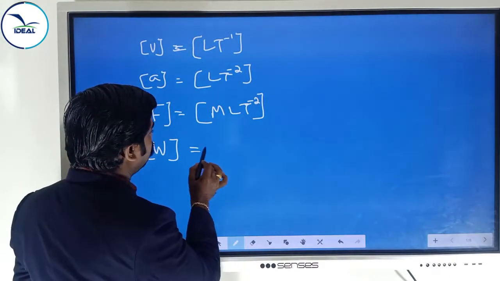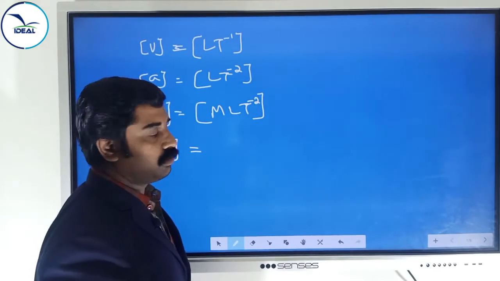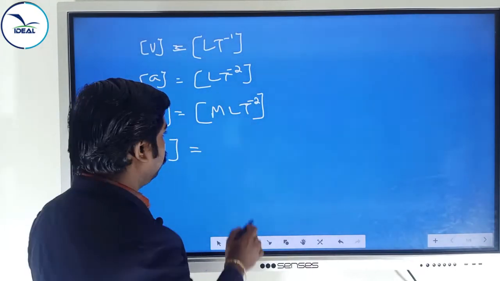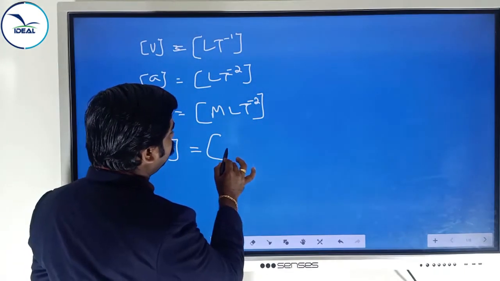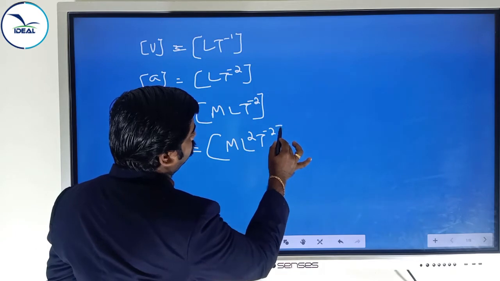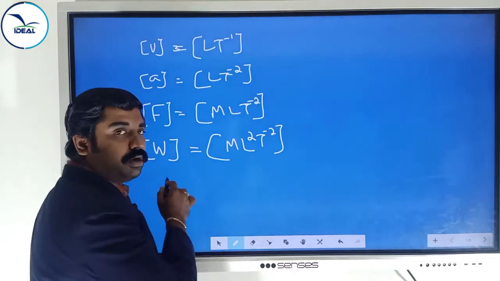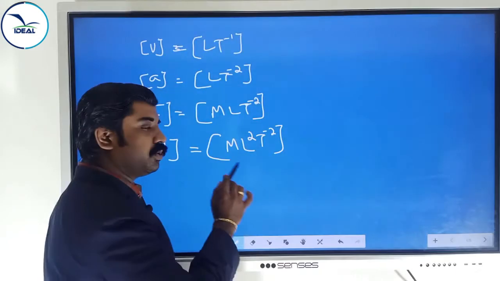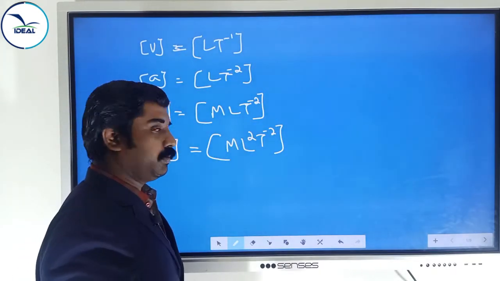We know that work is equal to force into displacement. The dimension of displacement is L. So therefore it is equal to ML square T raised to minus 2. The dimension of energy is also the same. Dimension of energy is equal to the dimension of work.